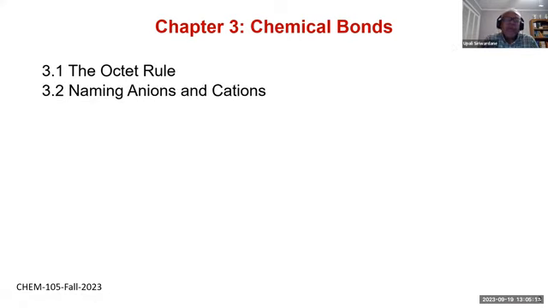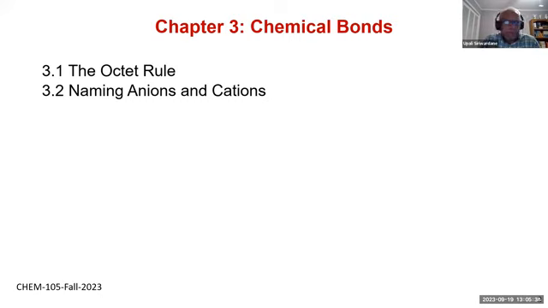Chemical reactivity, or the formation of chemical bonds, is based on the idea that atoms of elements react to gain an octet of valence electrons. That's called the octet rule. There are 2 ways to get an octet in the valence shell.